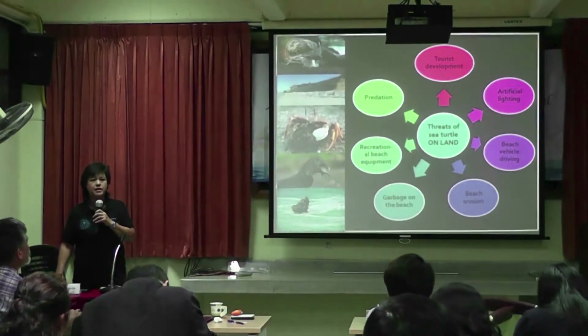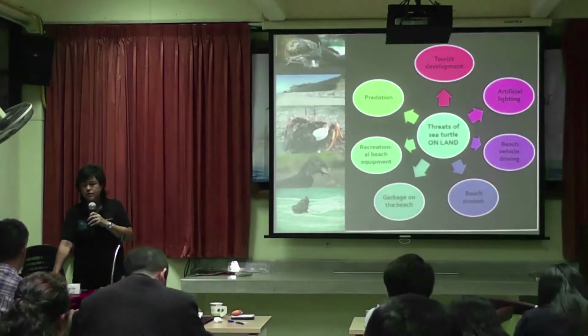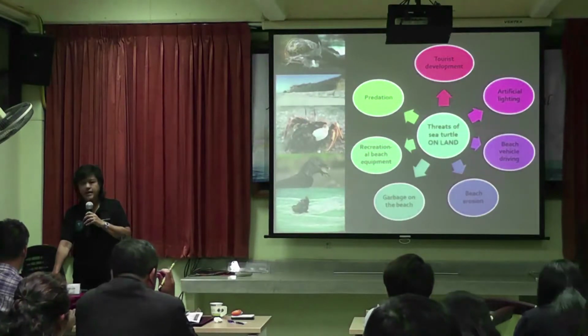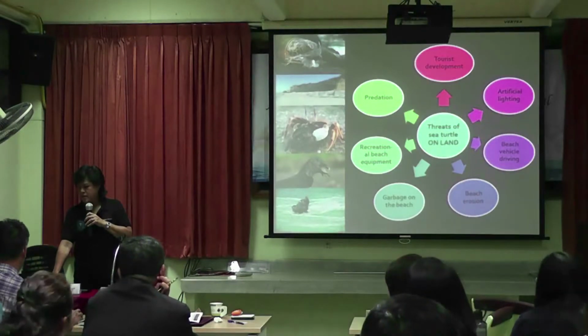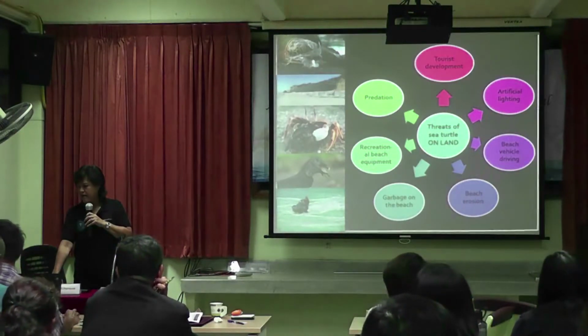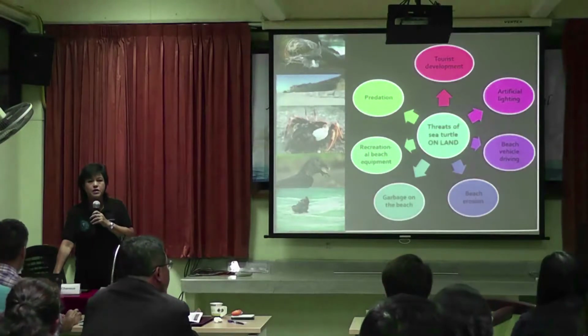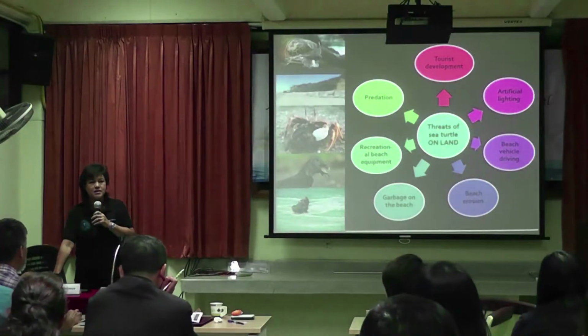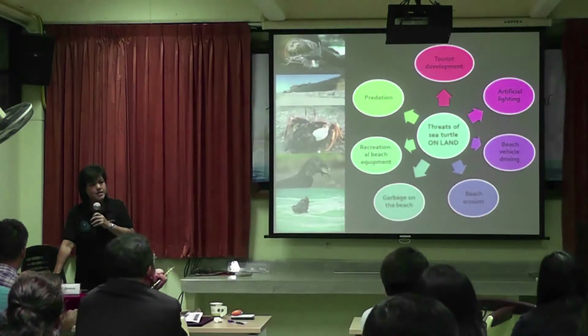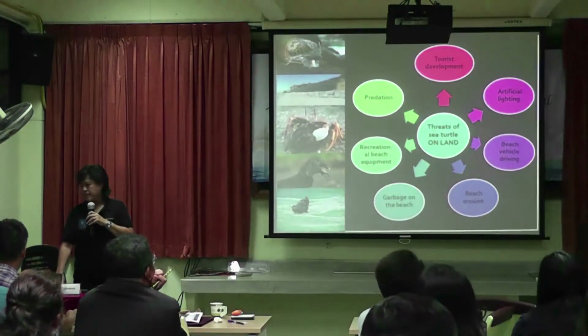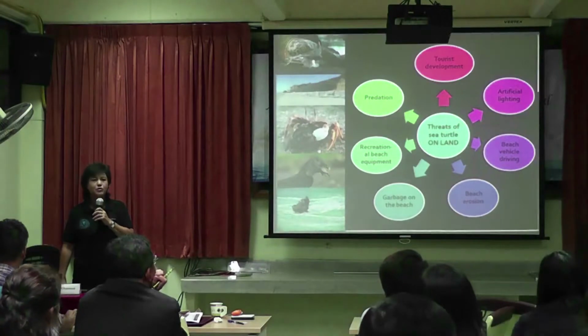As for human influence on these declining populations, we have threats to sea turtles from land. Tourist development, because of the lighting. Sea turtles don't like artificial lights. They cannot come up and nest comfortably. We have beach vehicle driving.